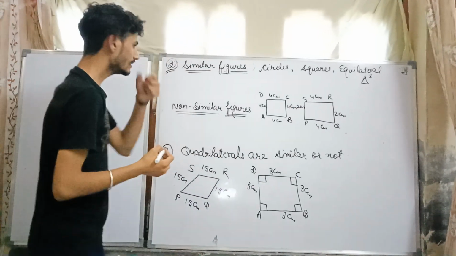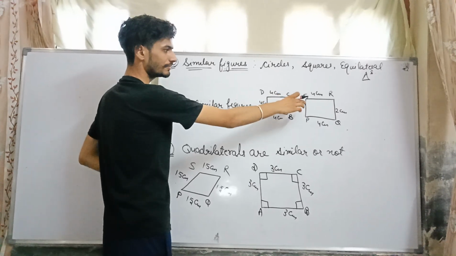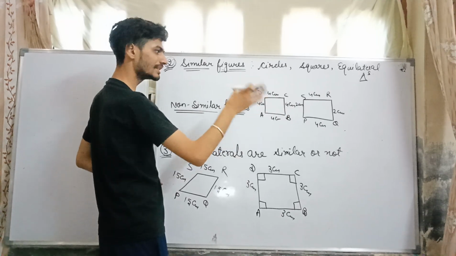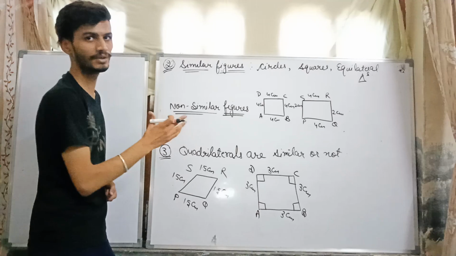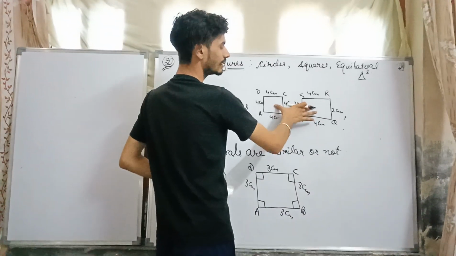So here the square is different from the rectangle because the proportions for both the shapes are not equal to each other, but they maintain the angle of 90 degrees. They maintain the same angle, but the proportions for both the shapes are not similar. So these are examples of non-similar figures.